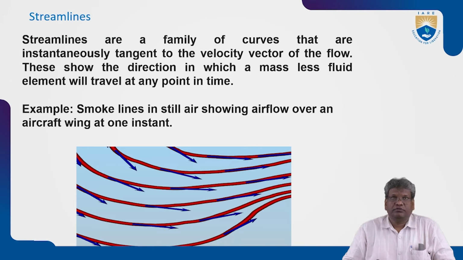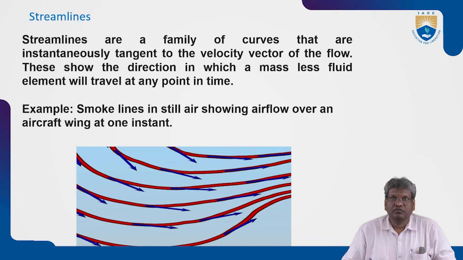So first we will see what is a streamline. Generally in fluid mechanics, majority of the times we will talk about streamlines. So the fluid is flowing in the form of a streamline.